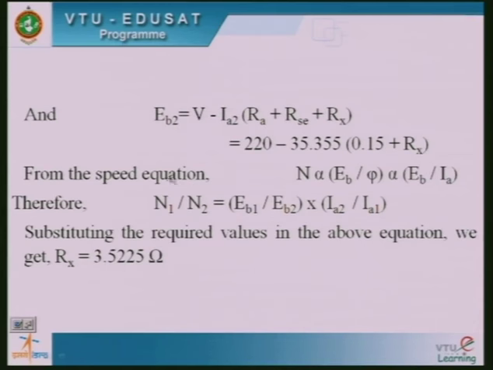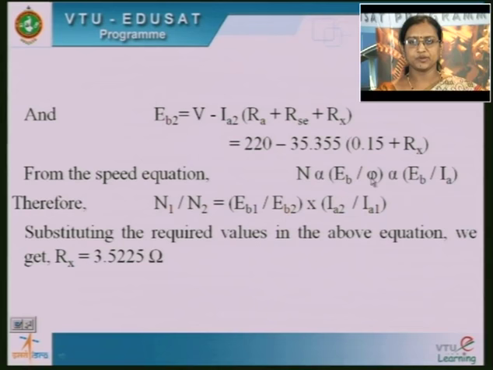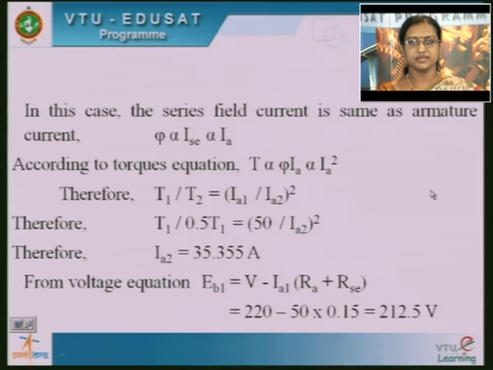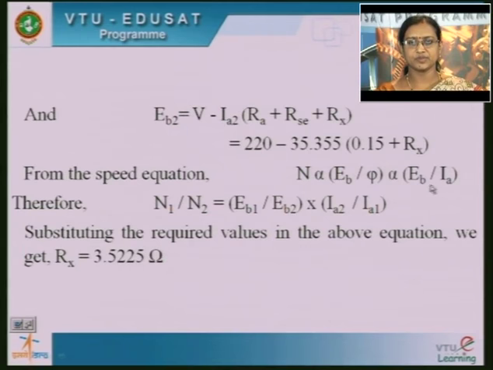Also we have the speed equation, N is directly proportional to EB by phi. Since phi is directly proportional to current IA in series motor, we have N is directly proportional to EB and N is inversely proportional to IA. So, when you are using this relationship, it is N1 divided by N2 is equal to EB1 divided by EB2 multiplied with IA2 divided by IA1.